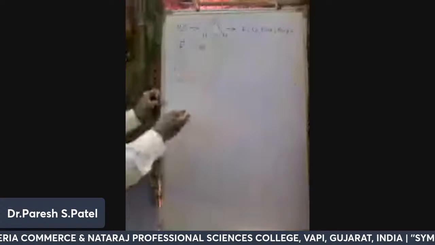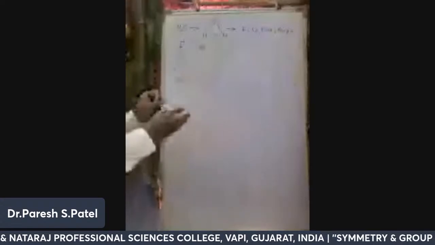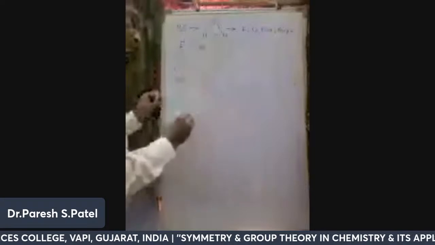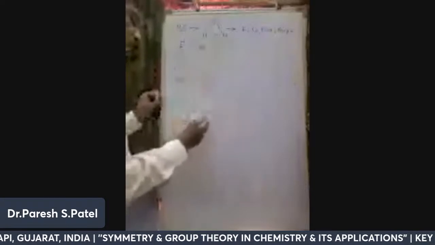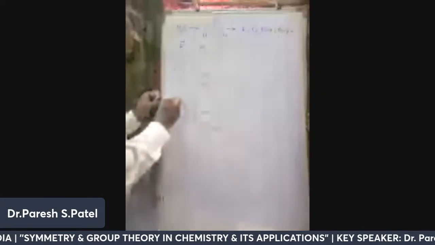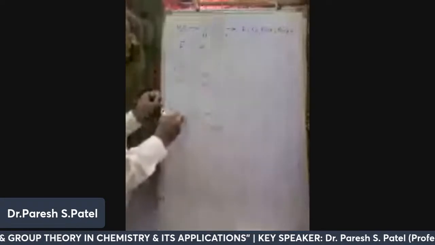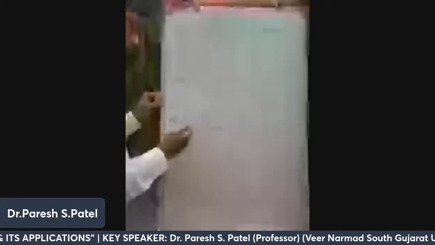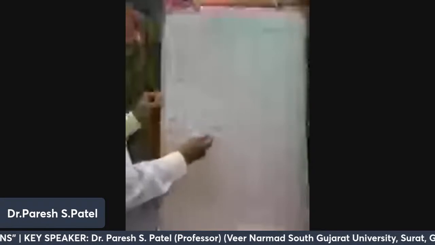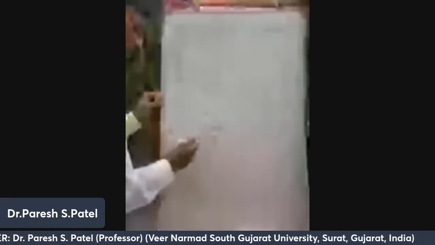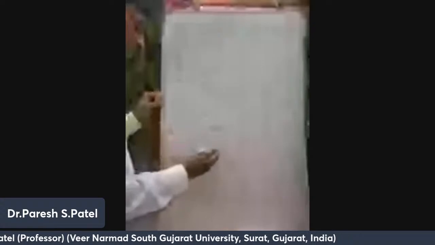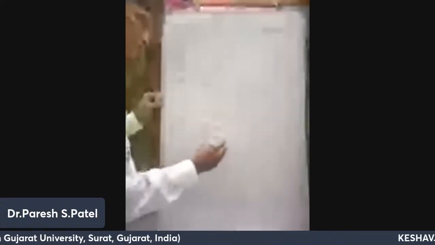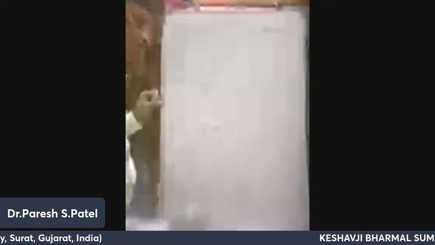Now this can satisfy any one property: X inverse A X is equal to A; X inverse A X is equal to B; and the third one is X inverse A X is equal to B and X inverse B X is equal to C. This is the first condition, this is the second conjugate property, this is the third conjugate property.